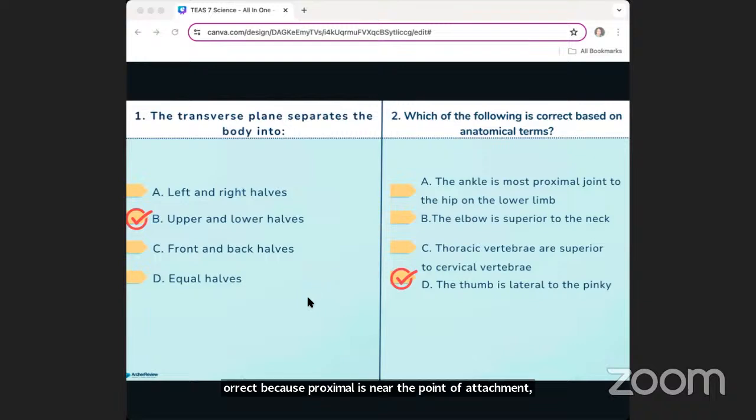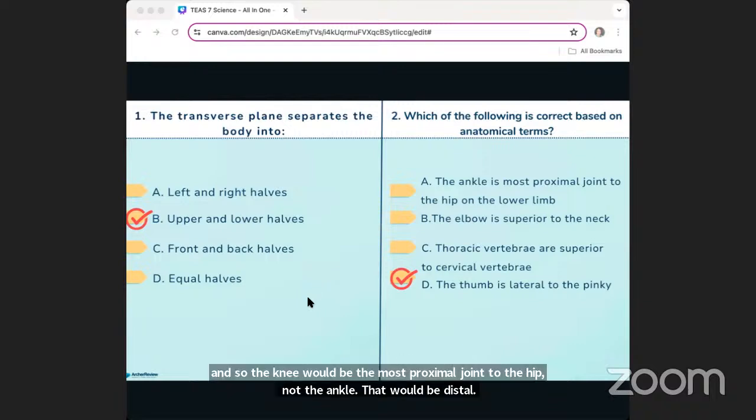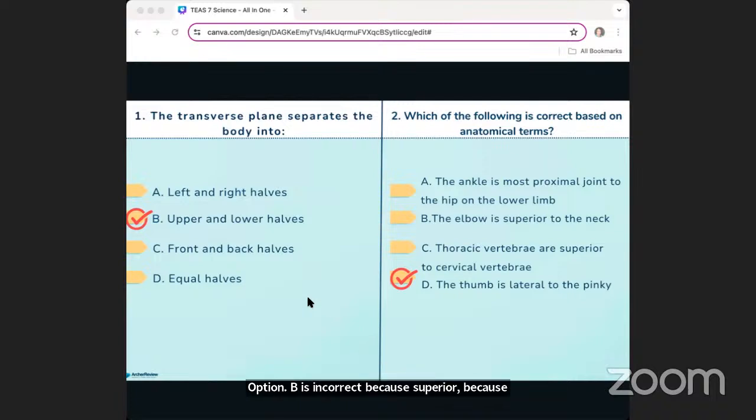Option B is incorrect because superior means higher, and so the elbow is certainly not higher than your neck on your entire being. And finally, option C is also incorrect. Cervical vertebrae are the uppermost vertebrae. They would be superior. So D is the final answer. Good job to those who chose both B and D.